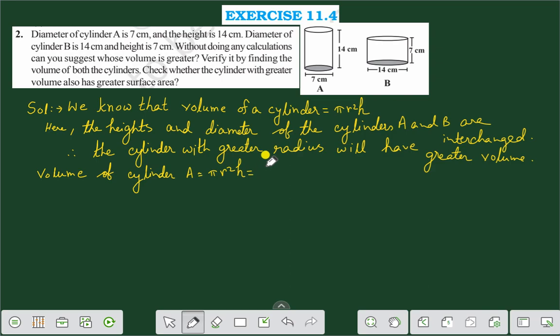The value of pi is 22 by 7. Its diameter is 7 centimeter. Therefore, radius is 7 by 2, into r square, that is 7 by 2 squared, into height, which is 14.